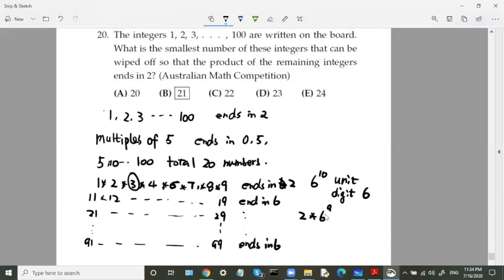So 6 times 2 gives the unit digit 2, so it ends in 2. So the total is 21 numbers we need to wipe off in order for the remaining integer product to end in 2. Answer is B.